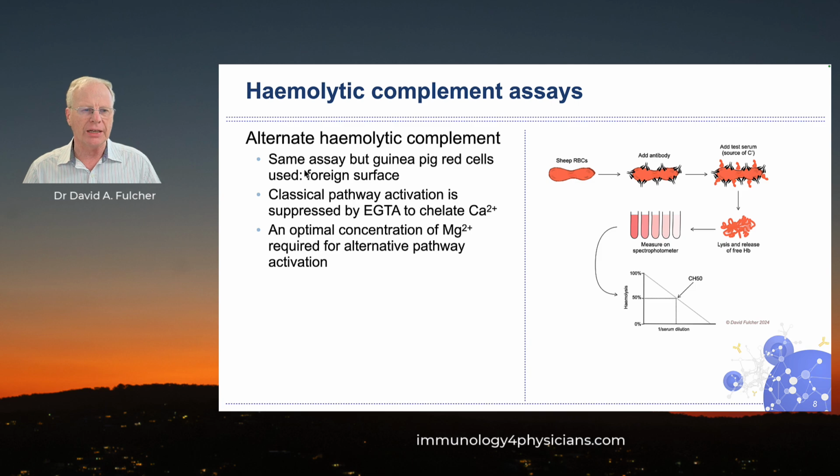You can turn off the classical pathway by using EGTA to remove all the calcium, so that stops the classical pathway working, and at the same time add magnesium, which is optimal for the alternate pathway, so you can measure one pathway in isolation. Of course, you're not really dealing with the classical pathway here because there's no antibody to be added, but it's just an extra safeguard to make sure that everything is in order.